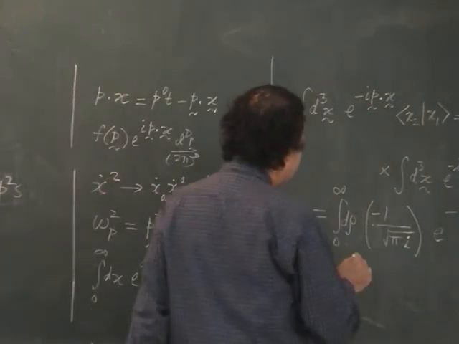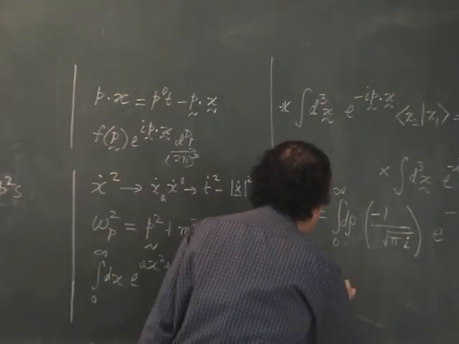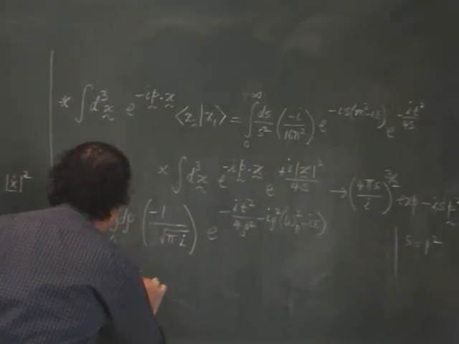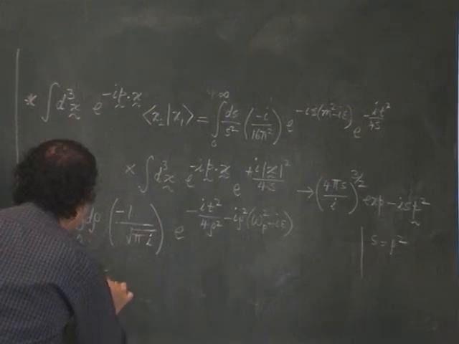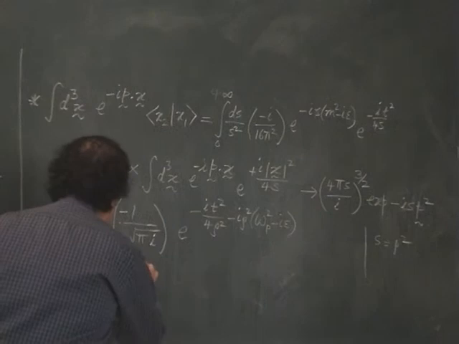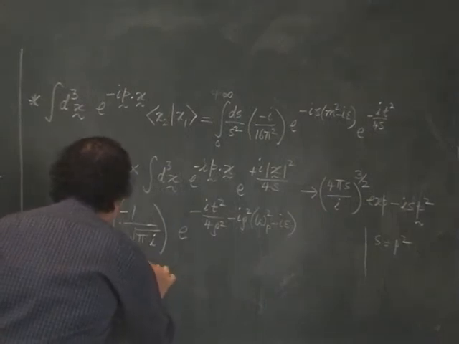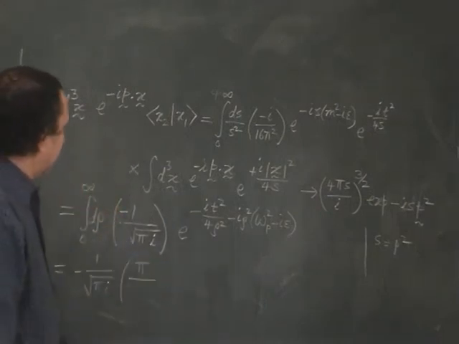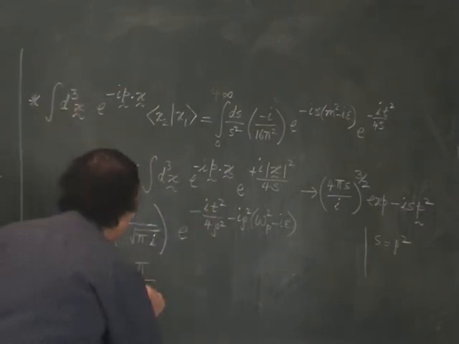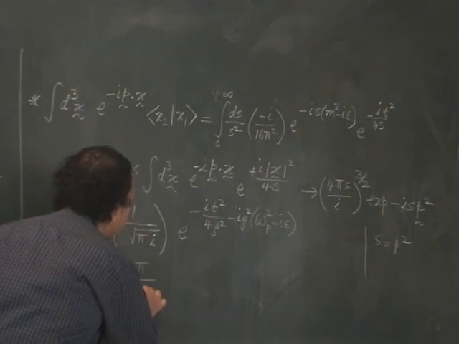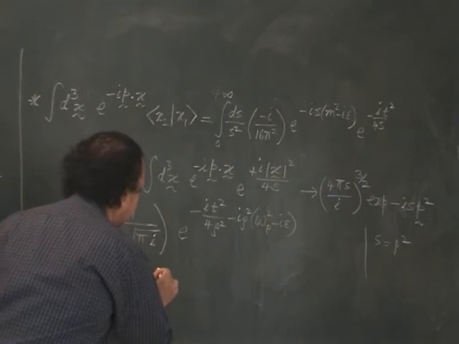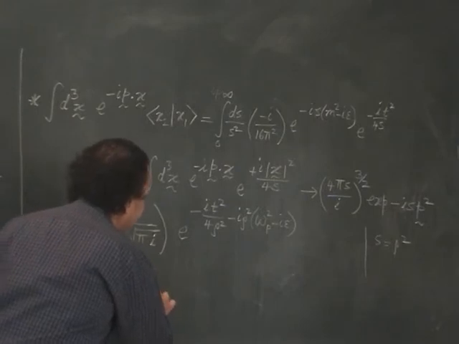So what will happen is that you have a minus 1 over root pi I. Let it be there. So when I do this, I am going to again pick up pi upon minus a. So a is the coefficient of this. So minus a will be I, and a 4 t square is the denominator.